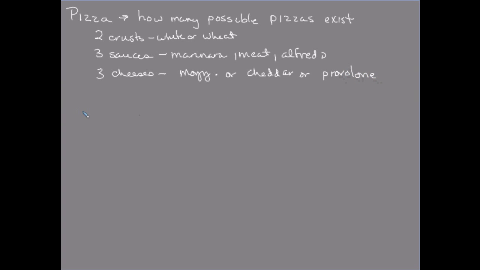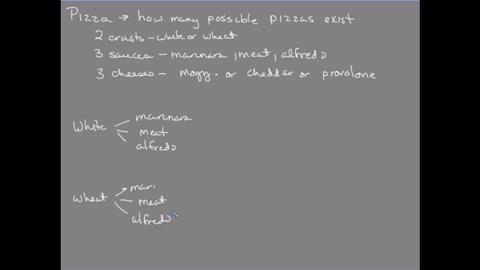Okay, so if we get a white crust pizza, we can choose marinara, we can choose meat sauce, or we can choose Alfredo. And if we get a wheat crust pizza, we can choose marinara, we can choose meat, or we can choose Alfredo. Once we've chosen our sauce, we have 3 different kinds of cheeses, mozzarella, cheddar, or provolone.